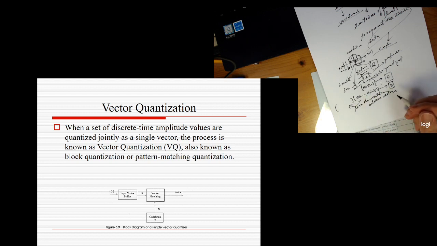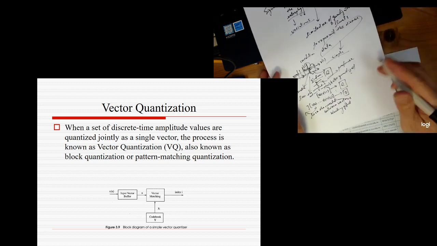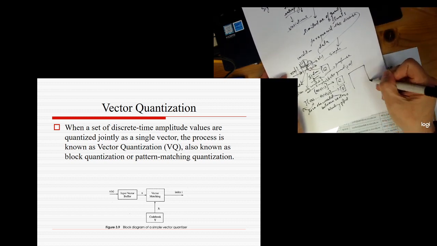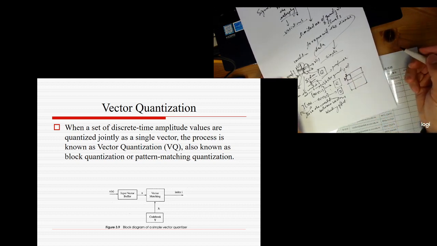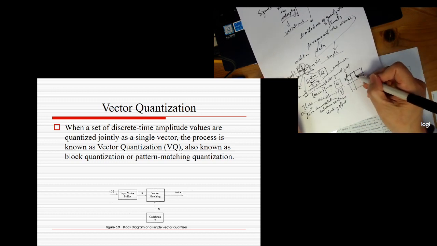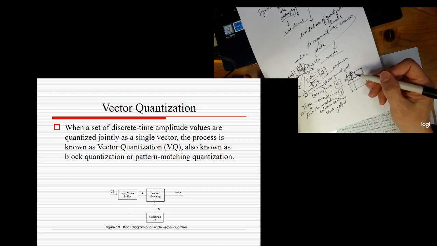In image processing, we call this the blocking effect. If you know image processing, this is related. In JPEG, for example, they use 8 by 8 blocks. They do not consider the neighboring 8 by 8 blocks, because they encode based on 64 components to build a model and find model coefficients.